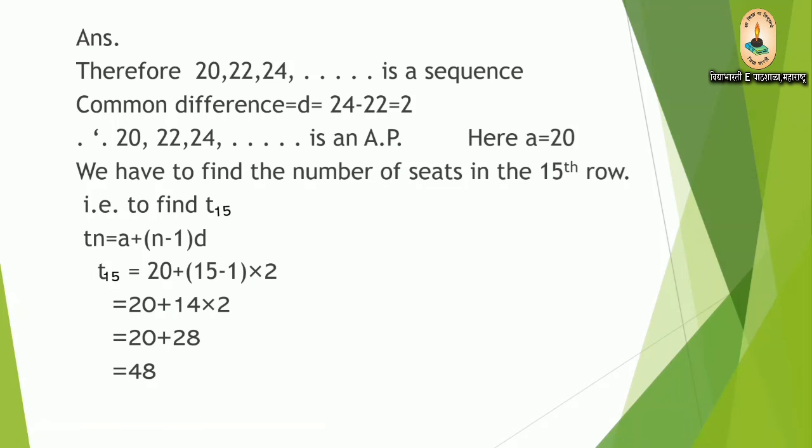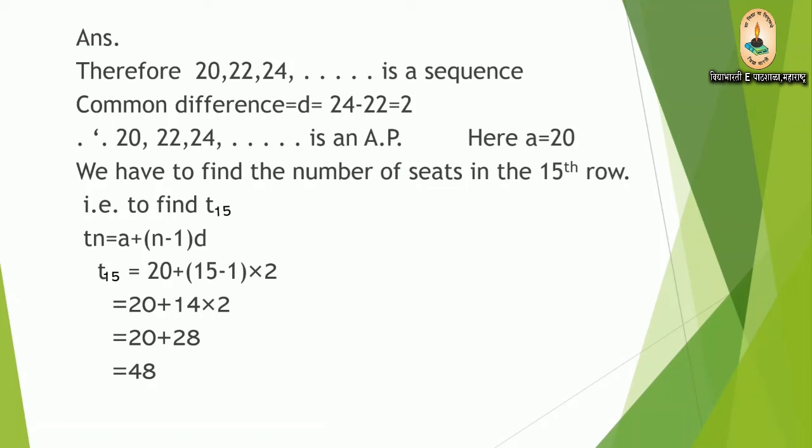Here the common difference, that is the difference between any two consecutive terms, is d equal to 24 minus 22 equal to 2. Therefore, 20, 22, 24 and so on is an arithmetic progression. Here the first term is a equal to 20.